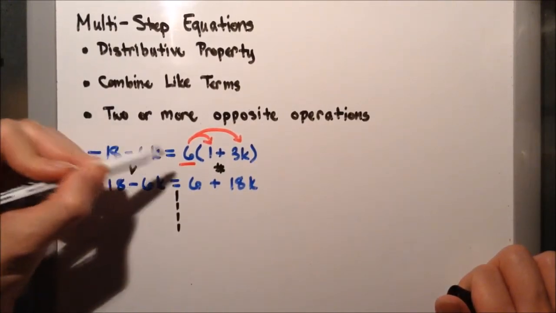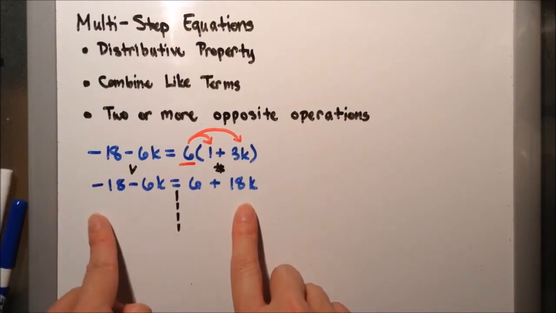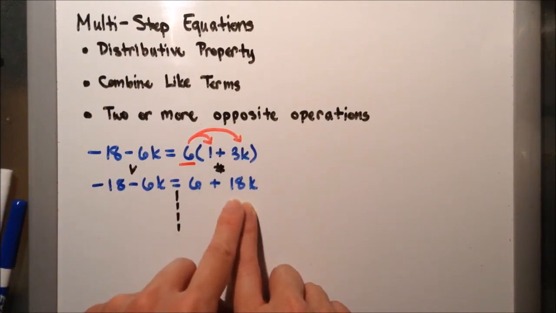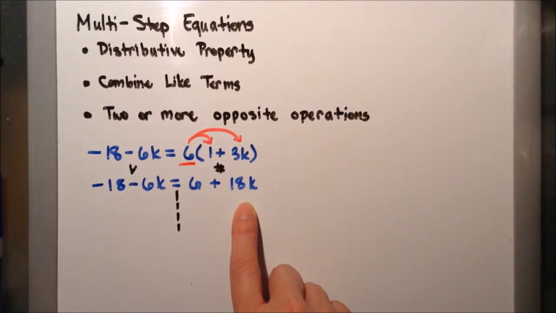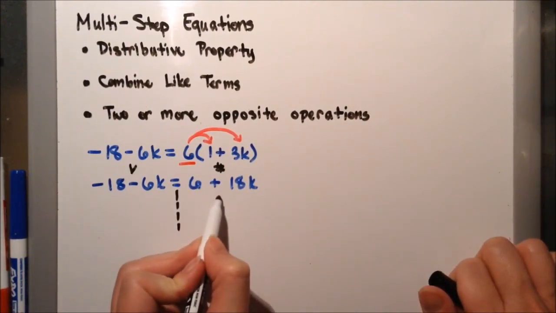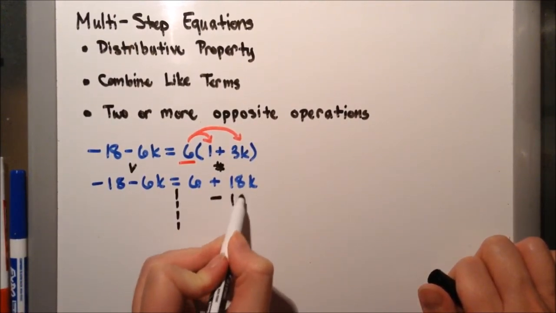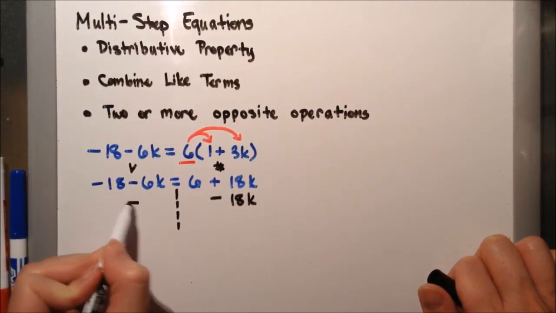So if I want to get my variable to the left side, since I have 18k on the right and I want to go to the left, I'm going to subtract, since it's the opposite of positive 18, so I'm going to subtract 18k. Since I did it on the right, I'm going to do it on the left.